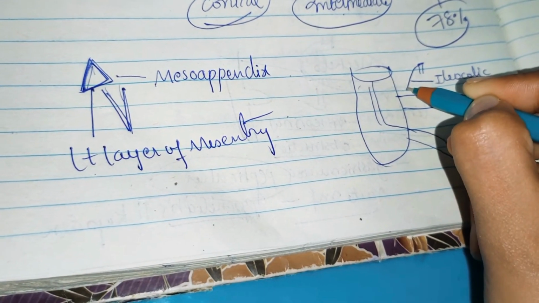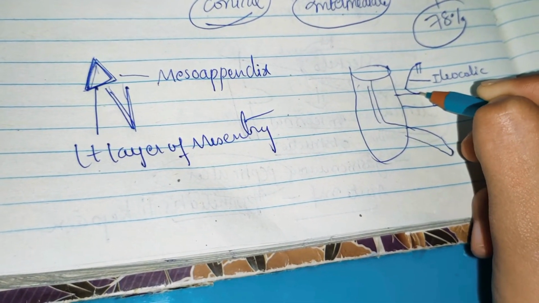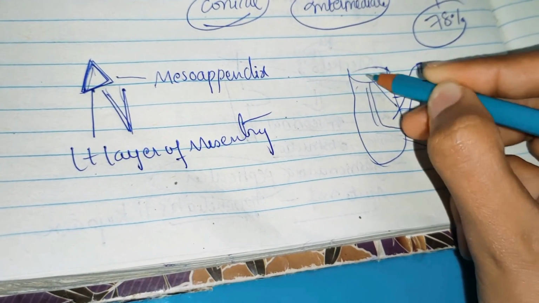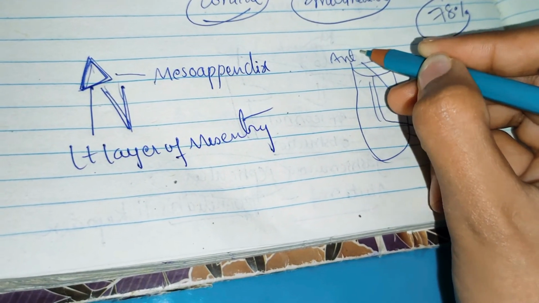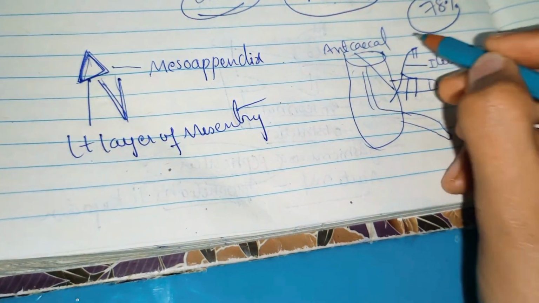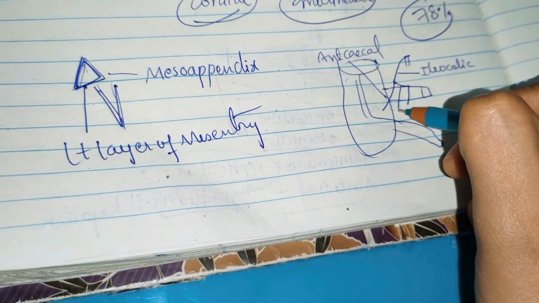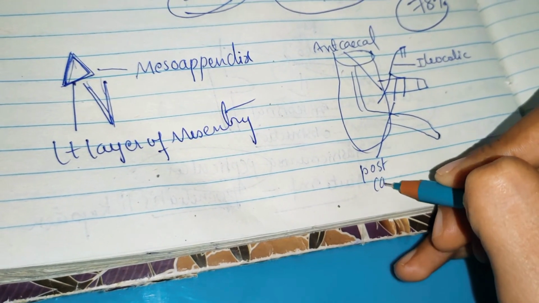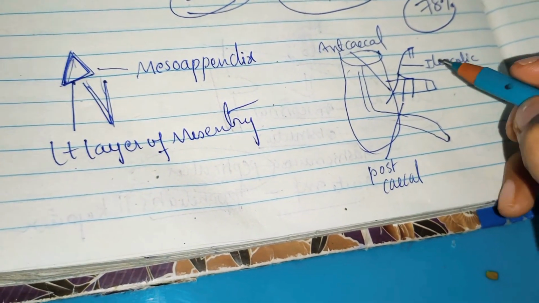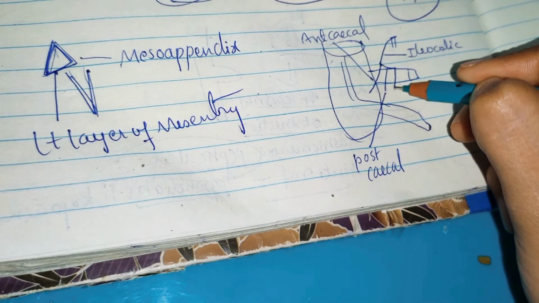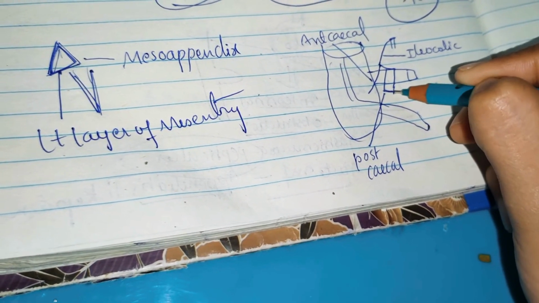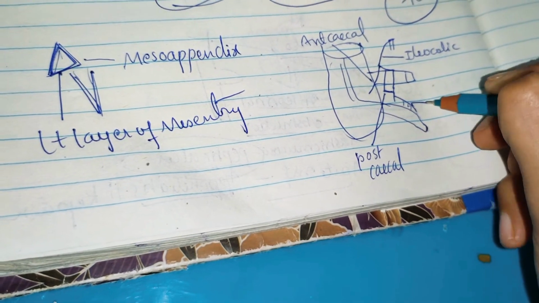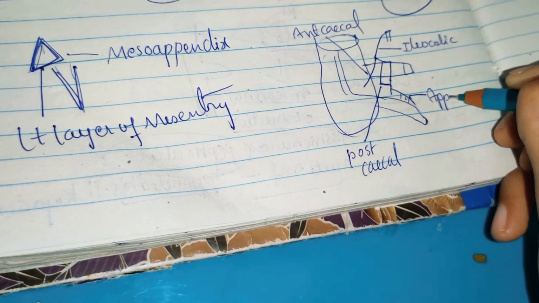This ileocolic artery gives 3 branches like this. The first one is the anterior cecal artery, the second is the posterior cecal artery, and the third joins with the posterior cecal artery and also gives branches to the appendix. This is the appendicular artery.